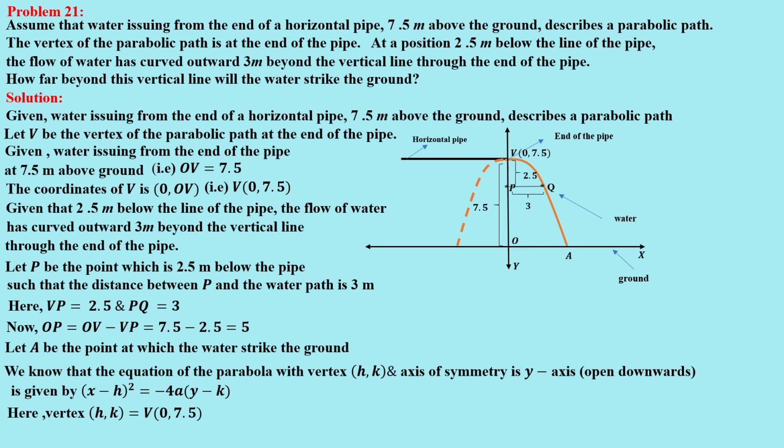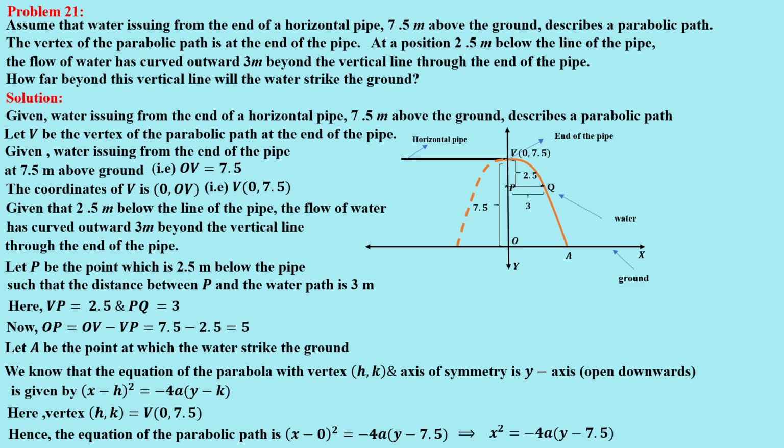Vertex is V, (h, k) is (0, 7.5). Substituting the values, the equation of the parabolic path is x square is equal to minus 4a into (y minus 7.5). That is equation number 1.